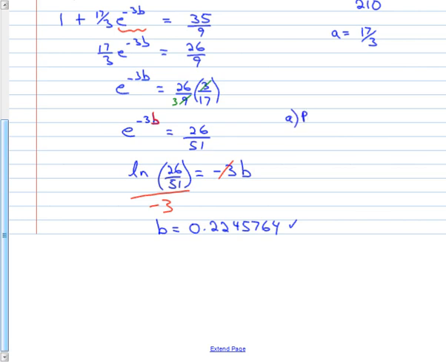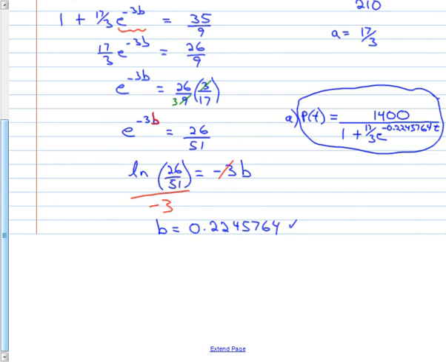We know the population at time t is going to equal 1400 divided by 1 plus our 17/3 e raised to the negative b value, negative 0.2245764 times t. So there is my logistics model for the population growth of these lovely coyotes.